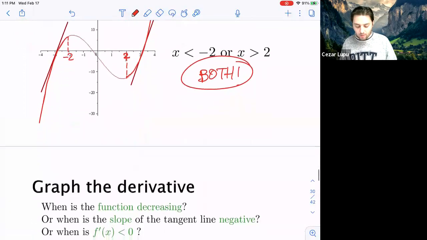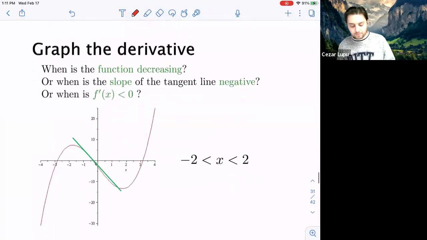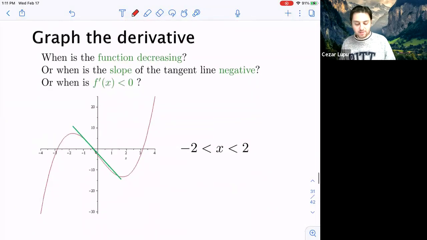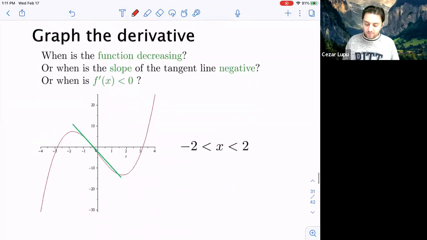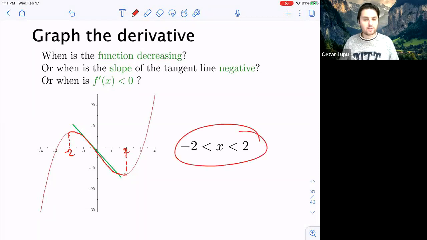Okay. Now, the same thing, when is the function decreasing? The function decreases between these two. You see, again, I have 2 here, and -2 here. So as you can see, the graph here falls. So it's decreasing on this interval.